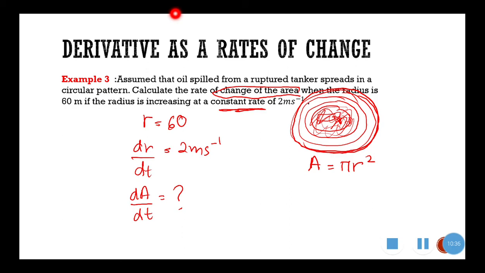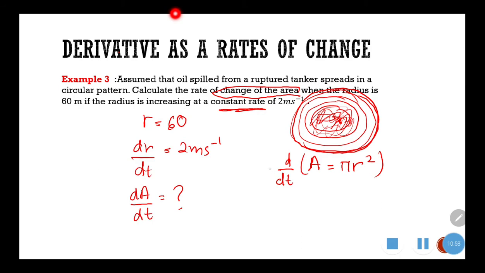So from here what else do we know? Nothing more, right? We just have radius equals 60 and dr/dt equals 2 meters per second. So to get dA/dt, we differentiate the whole equation with respect to t.